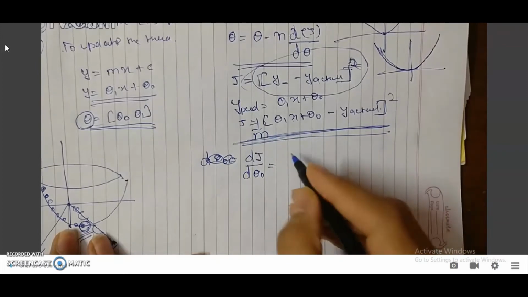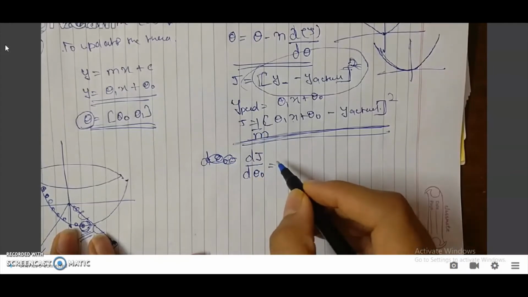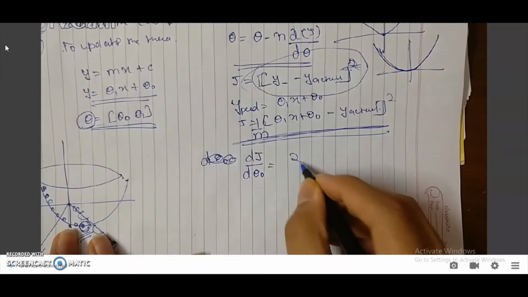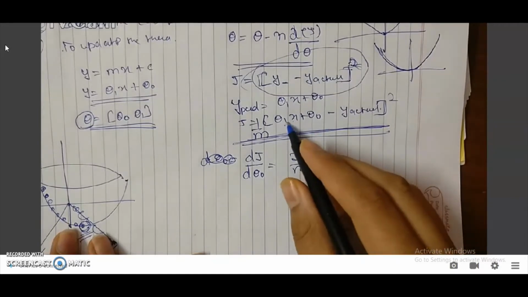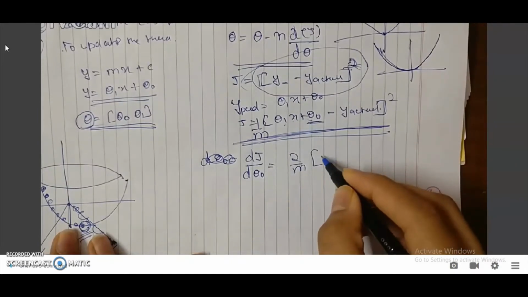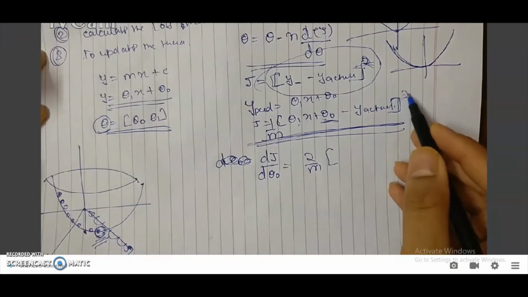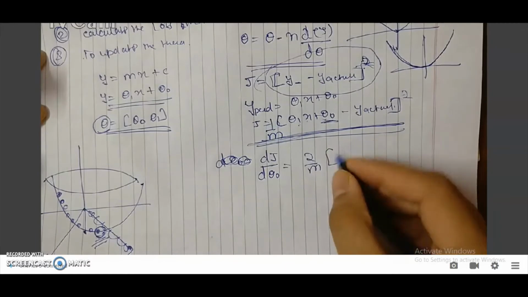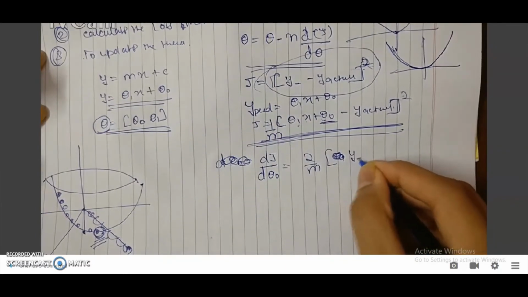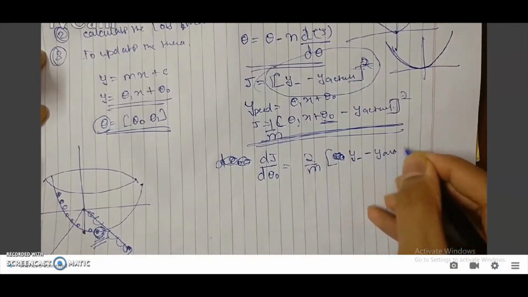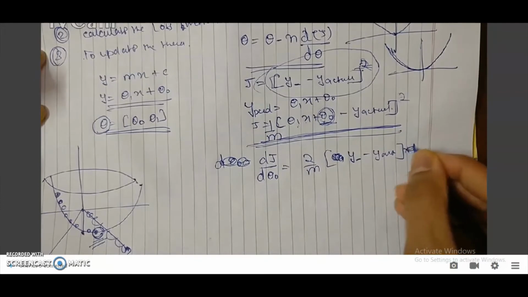Mean square error. So now the differentiation with respect to theta naught would be 2 by m, and here the coefficient of theta naught will be 1, right? So we put the square to the minus 1 and we put 2 here, so it would be y dash minus y actual, and it would be constant, so into 1, right?